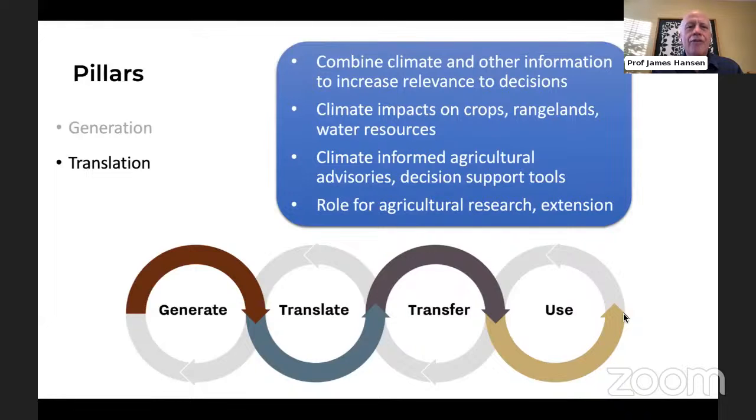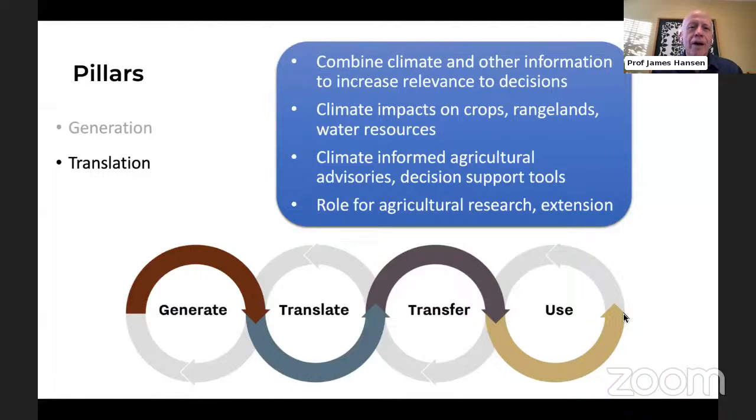Translation involves combining climate and other types of information to increase their relevance to decision makers. So translating raw climate information into something that has direct implications for your decision and for you as a decision maker. So in the case of agriculture, we could think of a climate-based forecast of crop production or rangeland conditions or availability of water resources for irrigation.